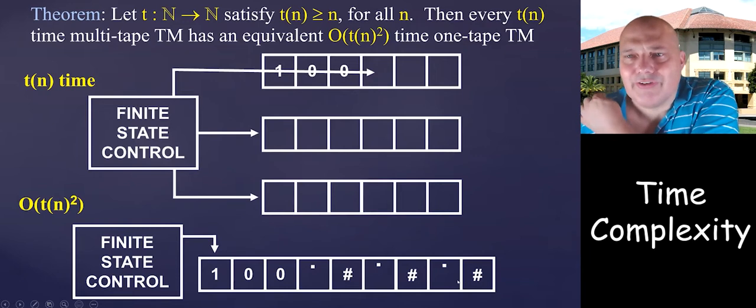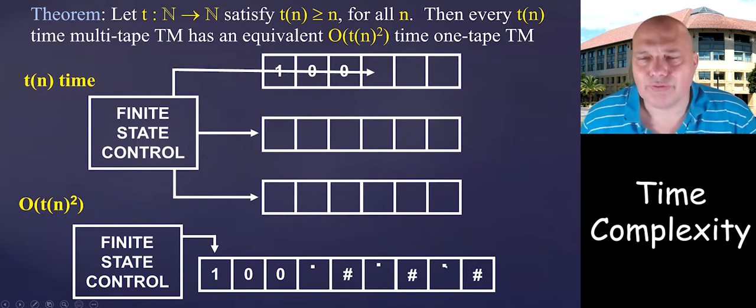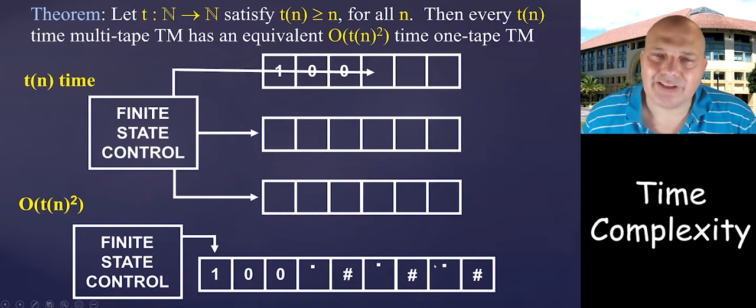So 3t of n plus 1, order of t of n. And as I said, each step is simulated in order of this length time. So altogether, every step is simulated in time order of t of n. Not very important. You can also convince yourself or read it, but that proves the theorem.